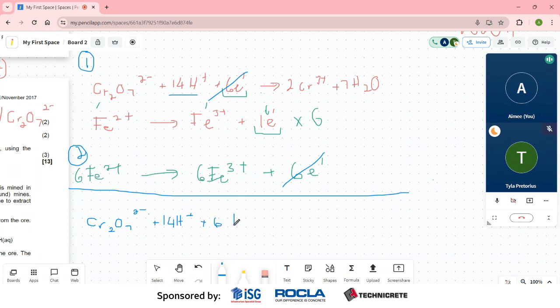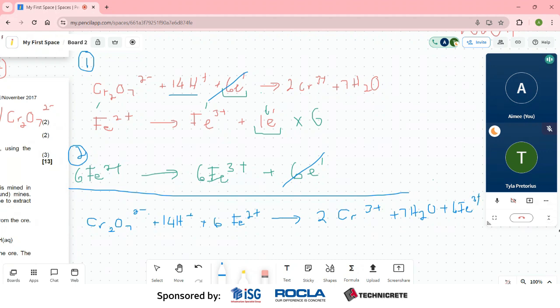Plus 6Fe2 positive. Now our arrow comes in. Now we take everything that's on this side plus everything that's on this side. So we say 2Cr3 positive plus 7H2O plus 6Fe3 positive.